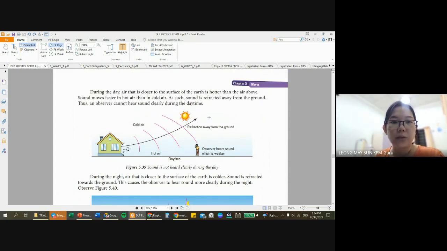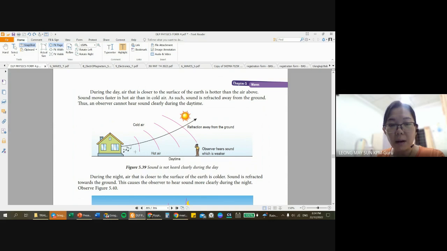All right. During a hot day, the air that's closer towards the surface of Earth is hotter. Why? Because the surface has low specific heat capacity. It absorbs heat fast, it releases heat fast as well.